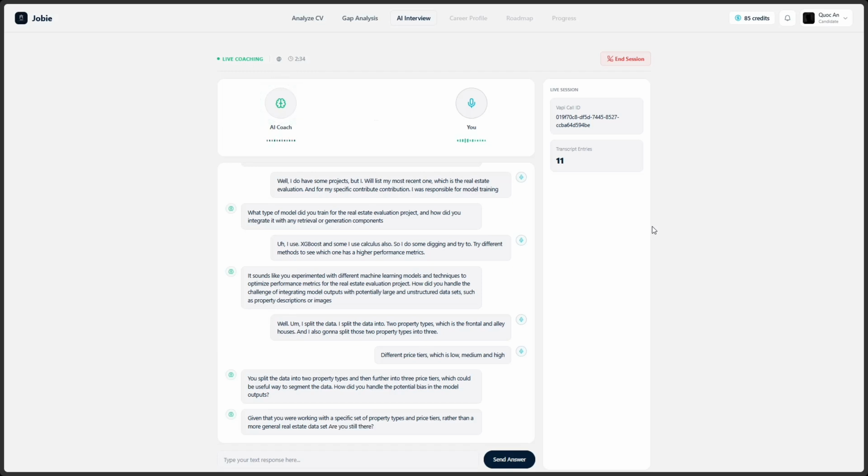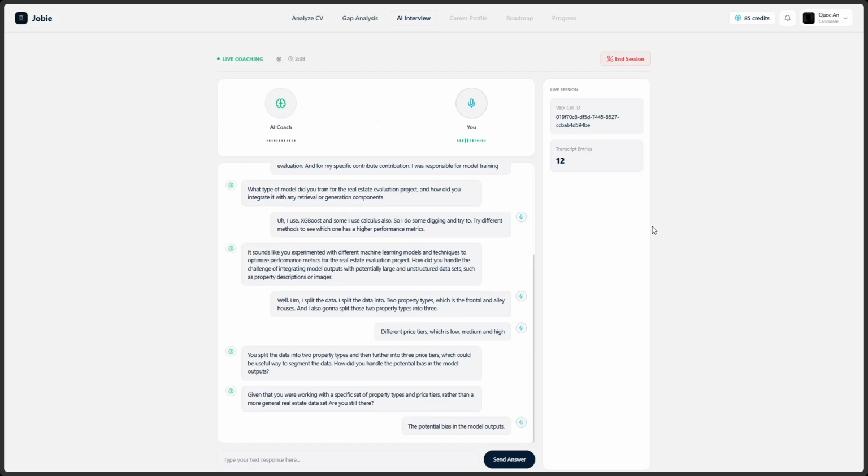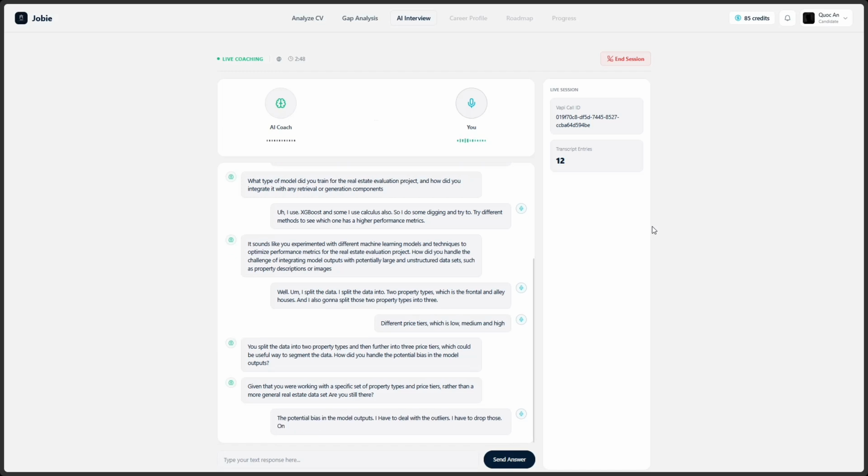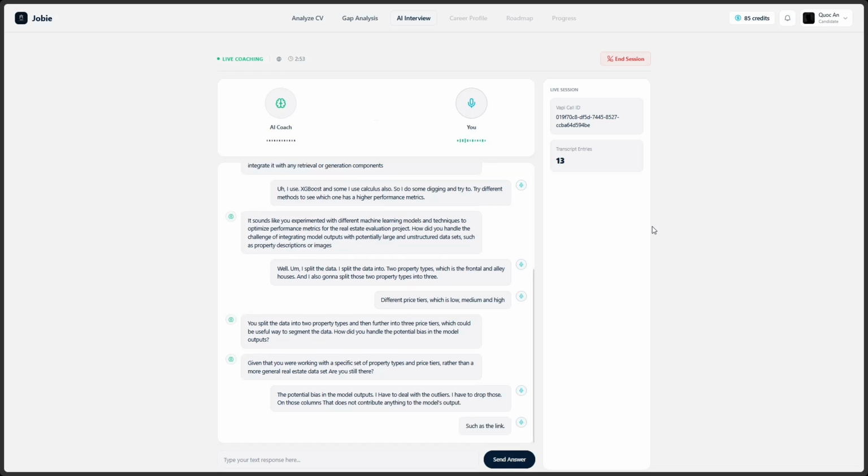To handle the potential bias in the model outputs, I have to deal with the outliers. I have to drop those columns that do not contribute anything to the model's output, such as the link and the title, and I also drop some null values.